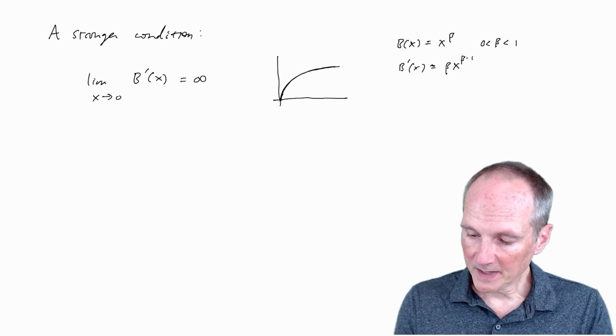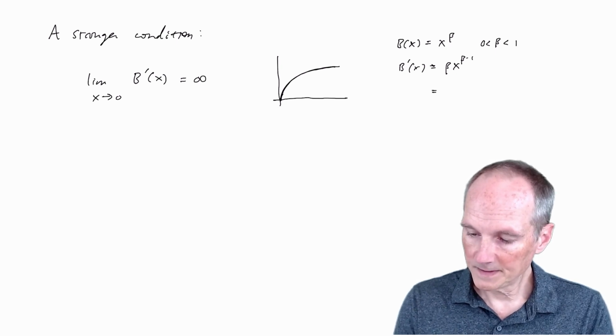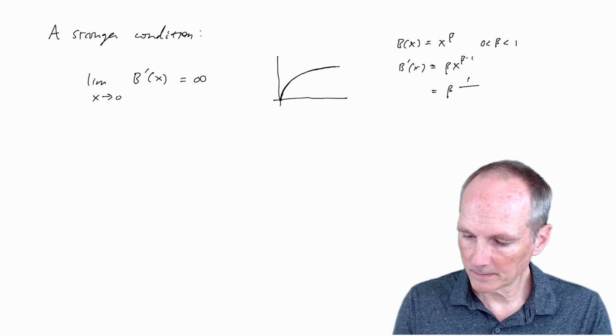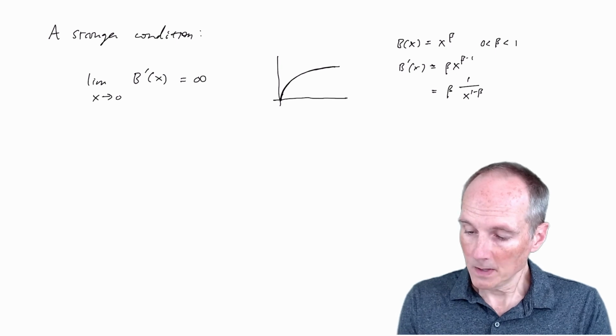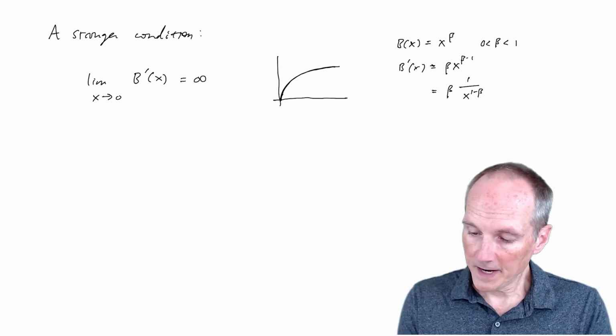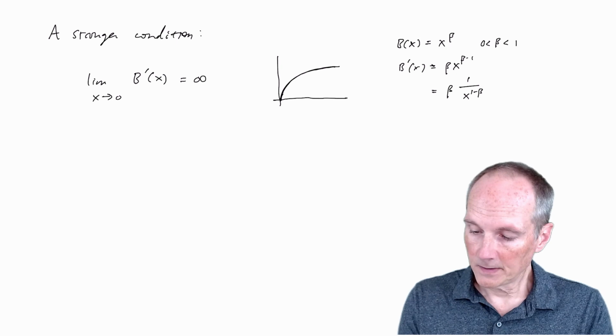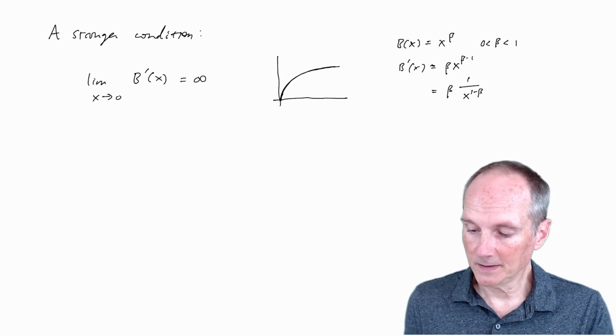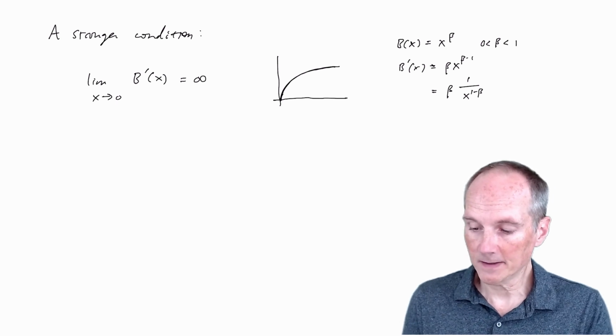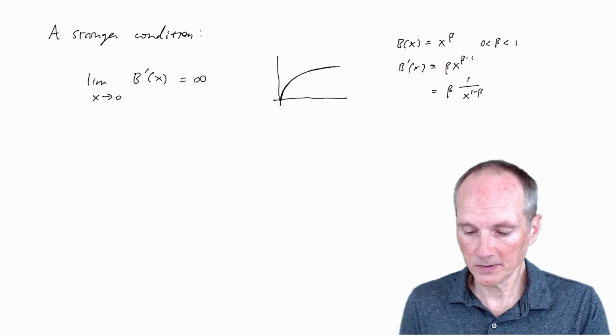Well, beta minus 1 is negative, so we can write that as this. So here, as x is getting very small, we're dividing by something that is close to 0, and that thing will blow up and go to infinity.